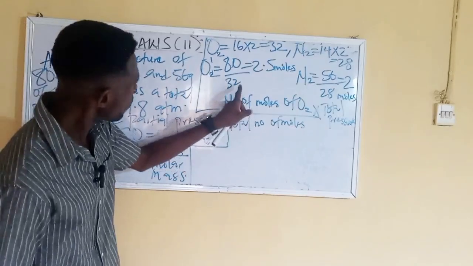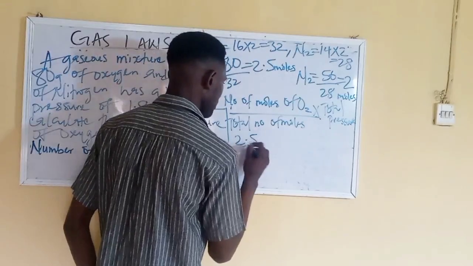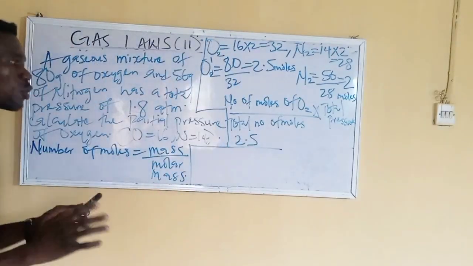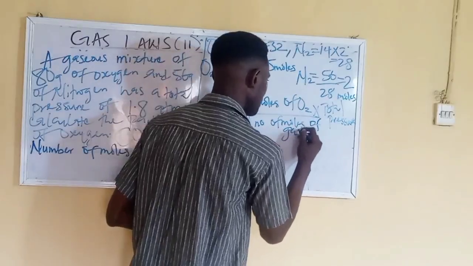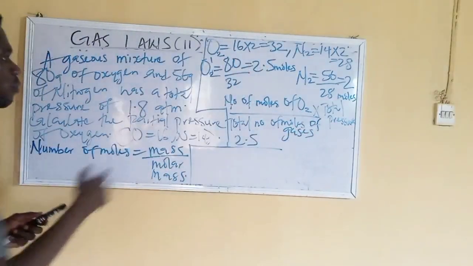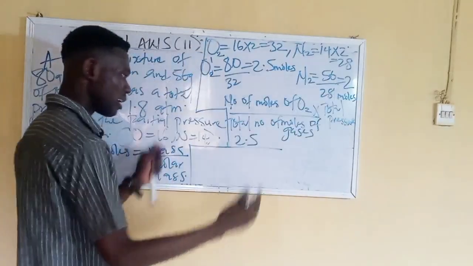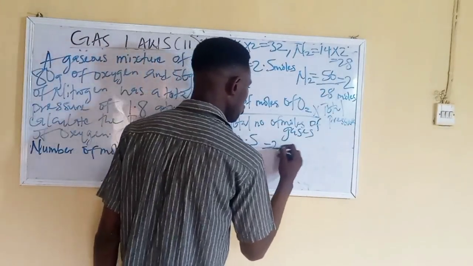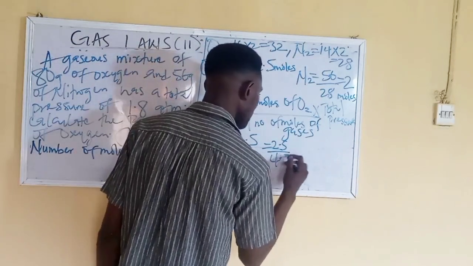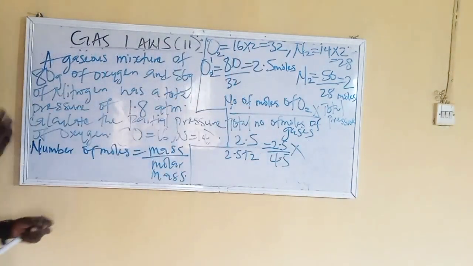The number of moles of oxygen is 2.5. But what is the total number of moles of the gases? We have 2.5 moles and 2 moles, so the total is 2.5 plus 2, which is 4.5. So it is 2.5 over 4.5. Then you multiply it by the total pressure.